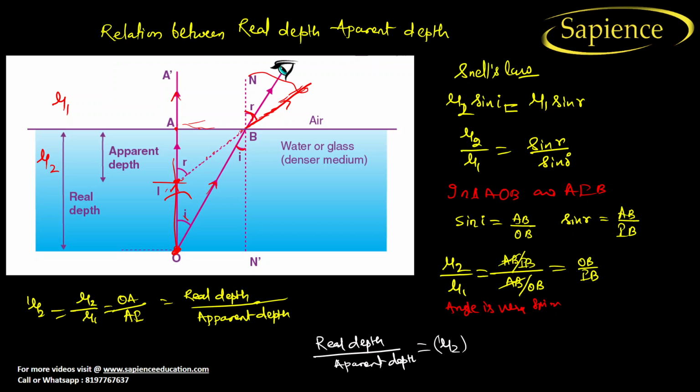Or we can say that apparent depth is equal to real depth divided by mu. Mu is always greater than 1, so apparent depth will always be less than the real depth. I hope you have understood this.